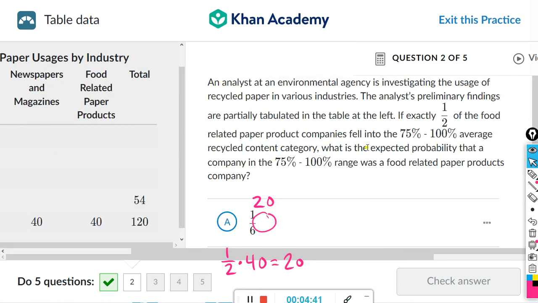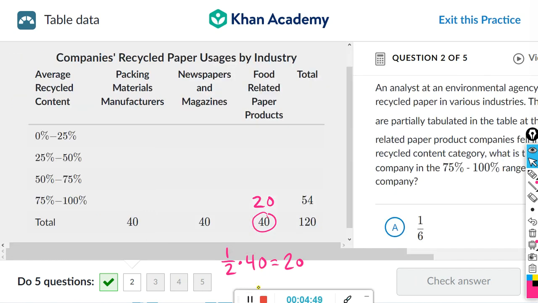And then they ask, what is the expected probability that a company in the 75 to 100 range was a food-related paper product? So the probability that in this range it was a food-related paper product is just going to be 20 out of 54.